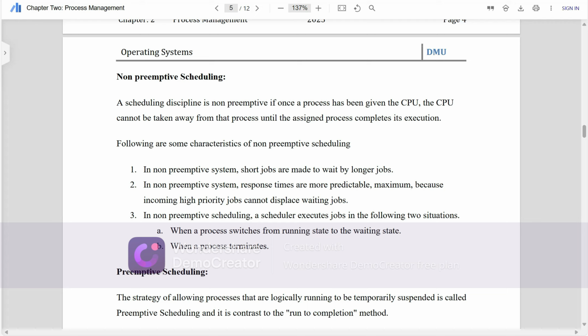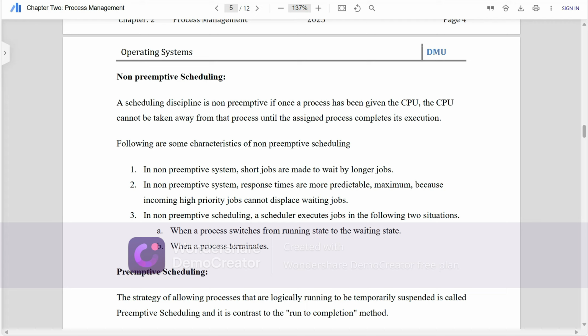That means if one process is accessing the CPU at that instant of time, the other processes are stored in waiting lists, and the process already accessing the CPU does its own job until completion.